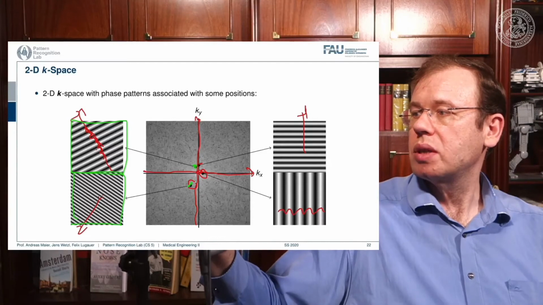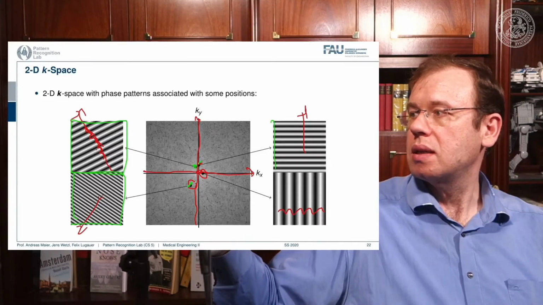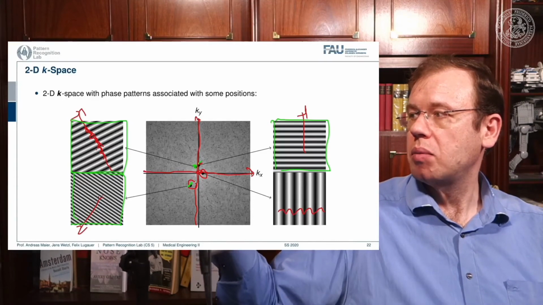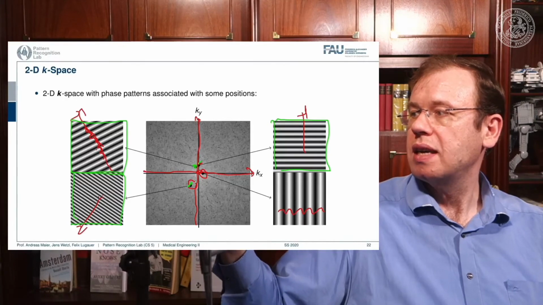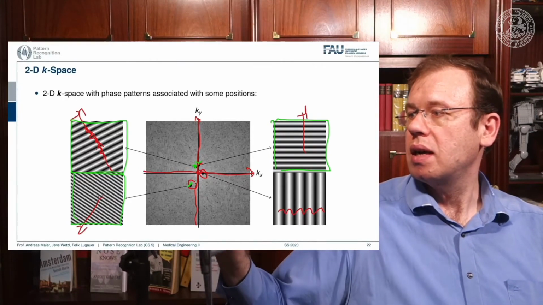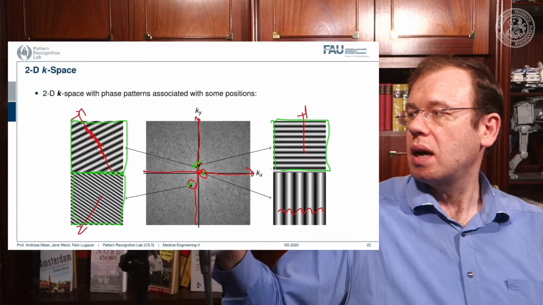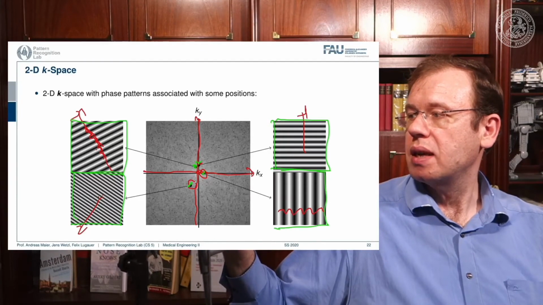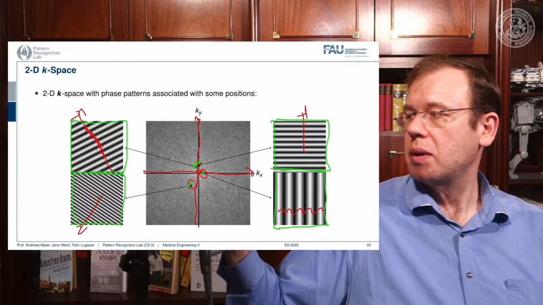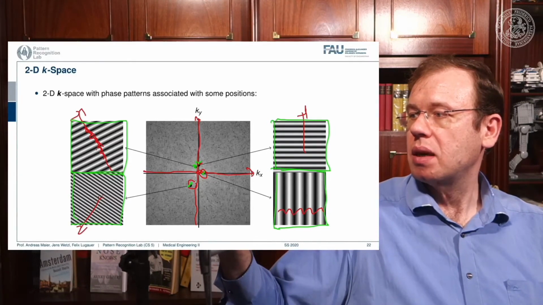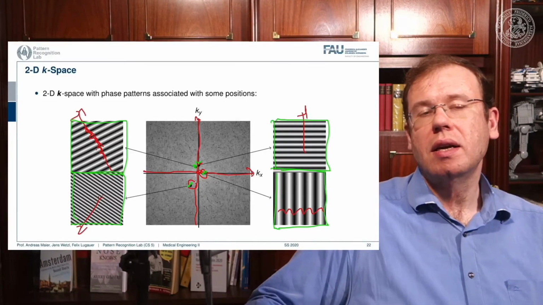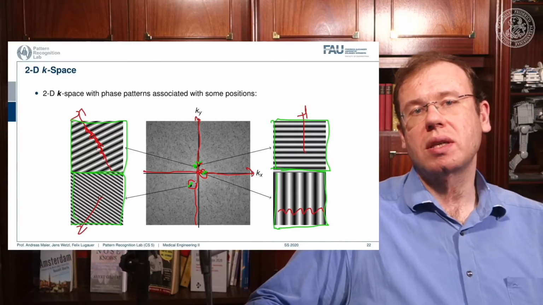And if I want to measure this point, I take this kind of plane wave, multiply it with the entire image pointwise, sum it up and write it here. And to compute this point, I'm summing up everything, so first multiply pointwise with this plane wave, summing up and write it here. So this way you can construct a 2D Fourier transform.